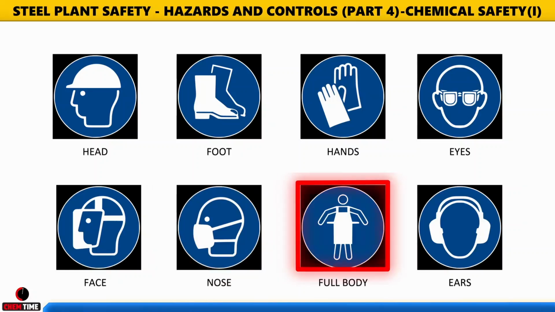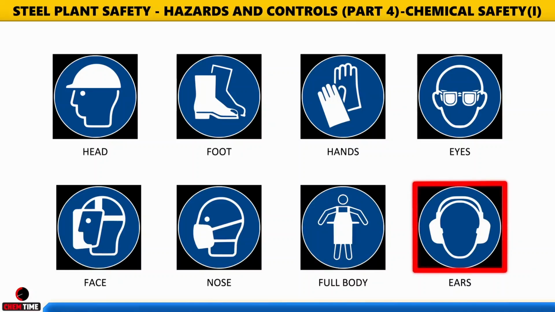At chemical zones especially, there are spills, trips, falls, reactions, and fumes. So it's important to have a full body suit while using chemicals or being in chemical zones, and earbuds are used to protect the ears from getting any kind of damage at any areas talked about before.